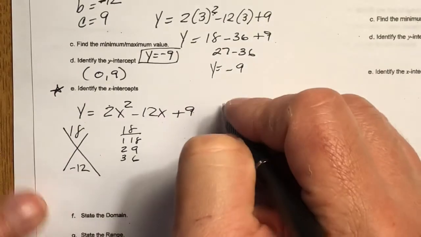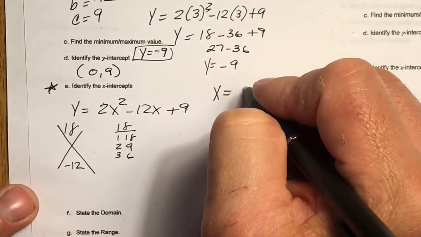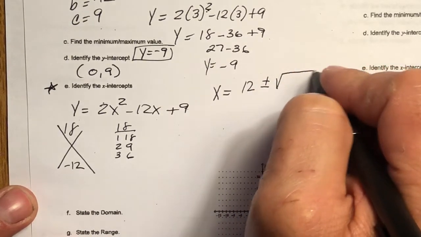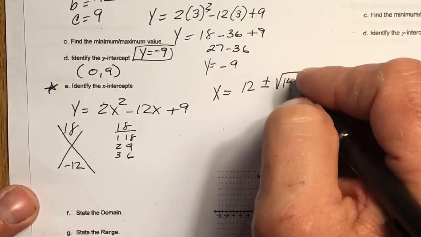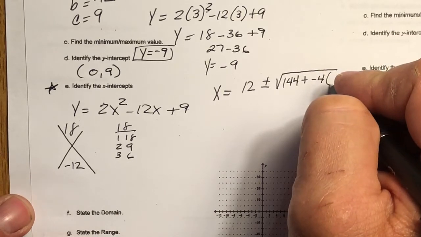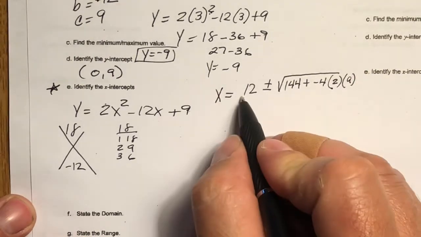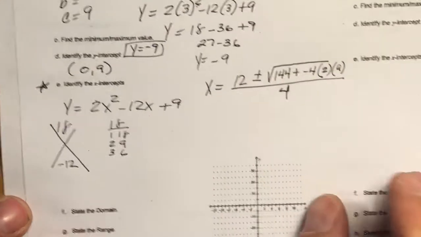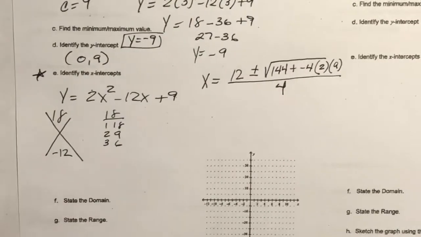If you guys remember, x equals the opposite of b, so 12, plus or minus the square root of b squared, which is going to be 144, plus negative 4 times a, which is 2, times c, which is 9, all over 2 times a, which is 4. So that right there, guys, is that quad formula that we had worked on before.